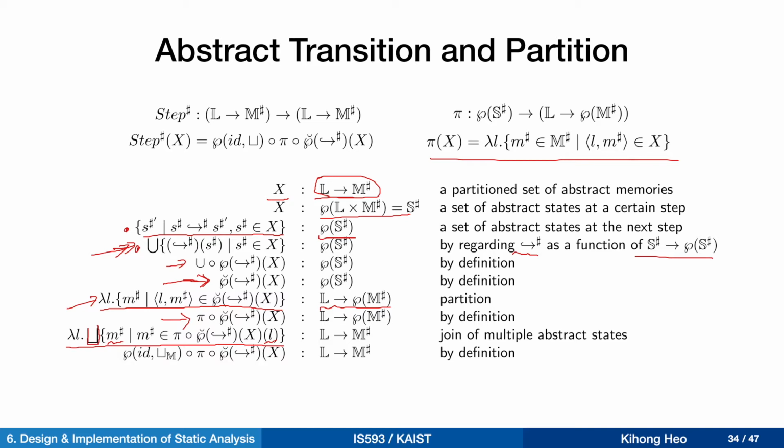Then finally we can simplify this expression using the notation we discussed. So finally we have this expression. Again, it looks a bit complicated at first, but there's nothing special here. So I strongly recommend you rewrite each line by yourself and understand this definition.